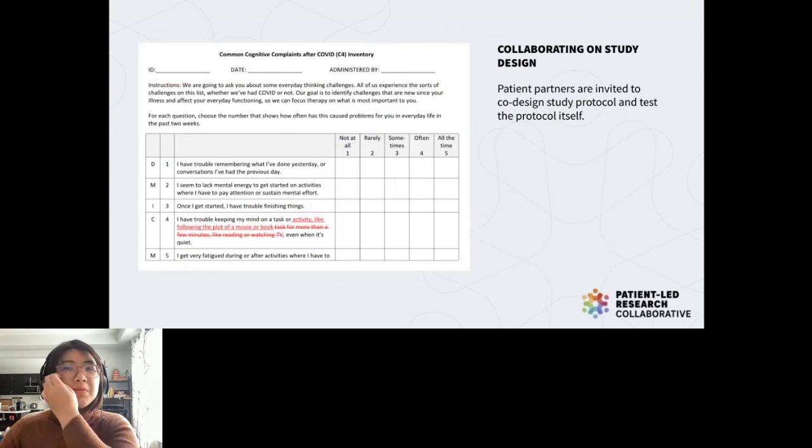This one comes from one of our projects where we helped a team who is developing a treatment protocol originally to treat traumatic brain injury, but now they want to repurpose this rehab for long COVID patients. They have a lot of data from their previous patients, and they have developed a common cognitive complaints after COVID inventory. This is an instrument to assess how well participants are doing cognitively and where the needs are.